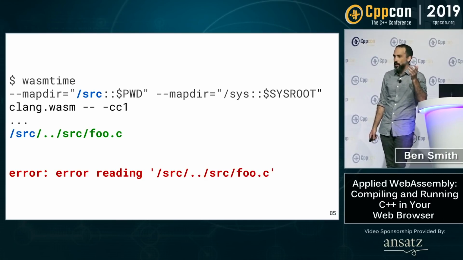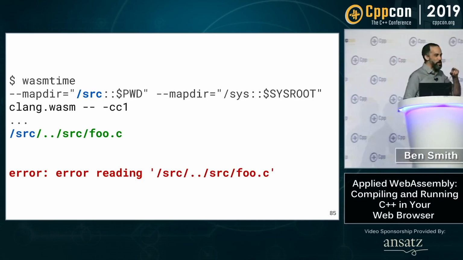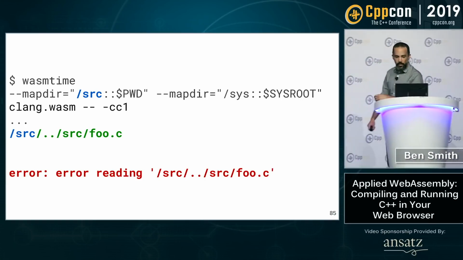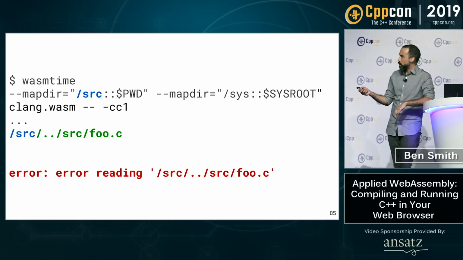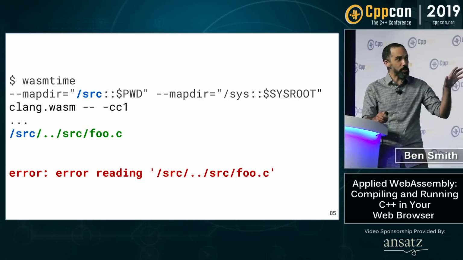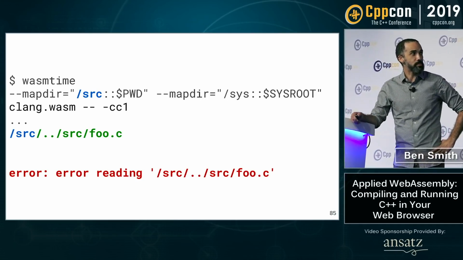It's kind of like you're in a chroot. Yeah, exactly. Thank you to anyone who's helping me out when I'm trying to remember words, by the way. So yeah, this actually uses libpreopen to handle this behavior, I think, or it borrows some of the code from that. So this is very, very cool for being able to do sandboxing.